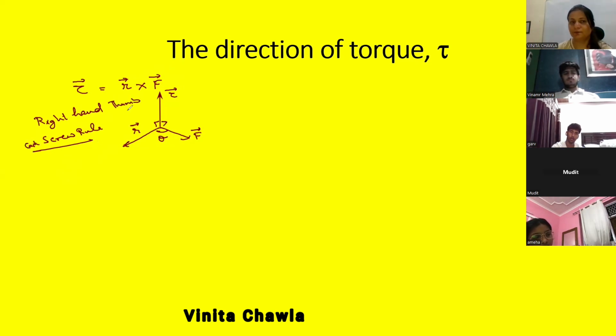How do we find the direction of torque? By the right hand thumb rule. If we move from vector r to vector f, this is the direction of torque, upwards. If our r is acting in this direction and f is in this direction, r cross f, now this is the direction of torque, downward. Okay?